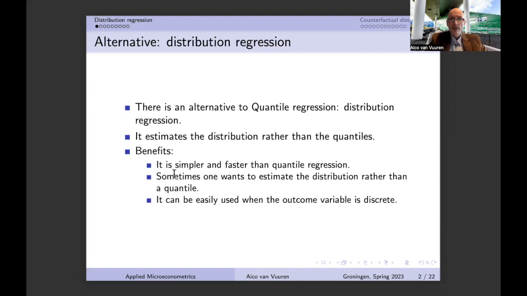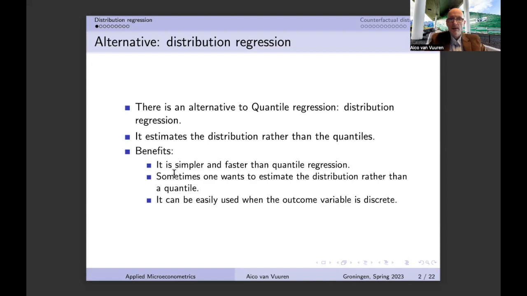However, even though distribution regression is not as fast as linear regression, it's going to be much faster, so it's more or less in the middle. And the reason behind that, we will see later on, is that distribution regression is actually not anything different from standard logit or probit. So therefore we should realize that it is actually possible to use large data sets, maybe data sets of a couple of 100,000 observations, or even more than 1 million observations.